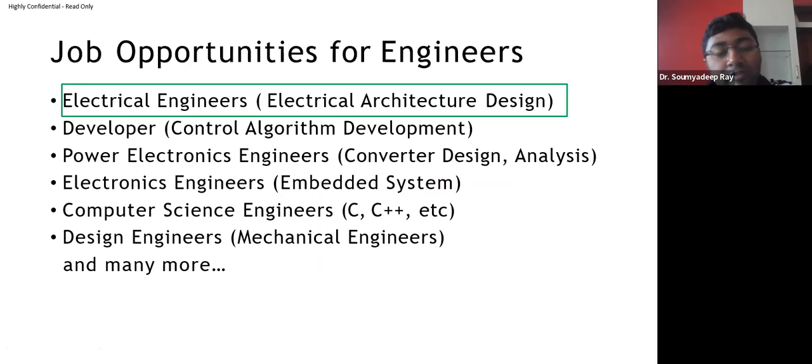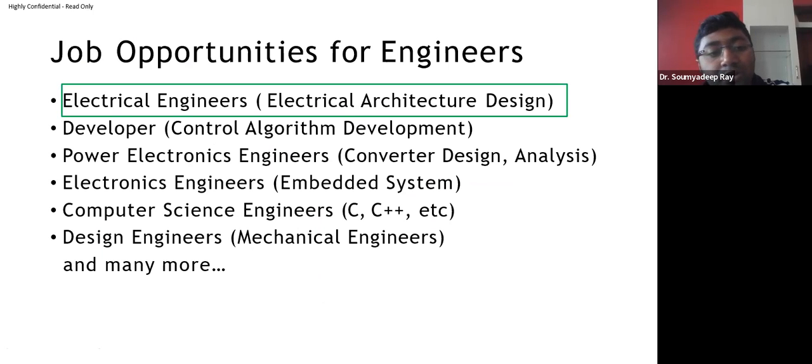I have given you some of the job opportunities for engineers. Electrical engineers are needed for electrical architecture design, developers for control algorithm development, and system engineers who see the system overall, how it will behave.